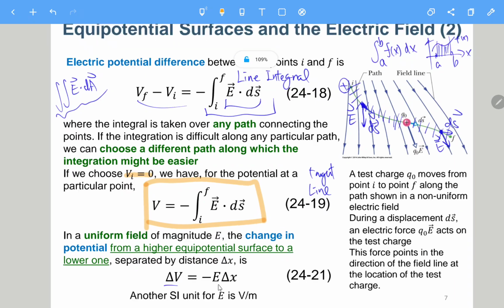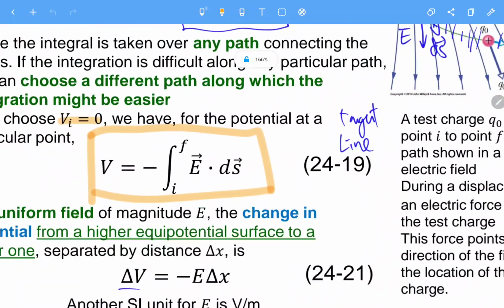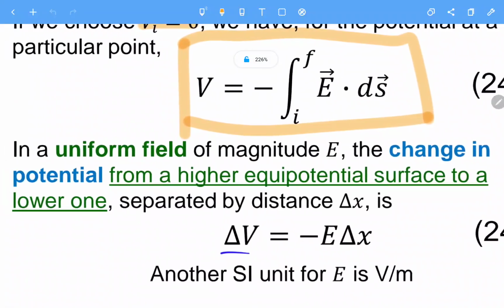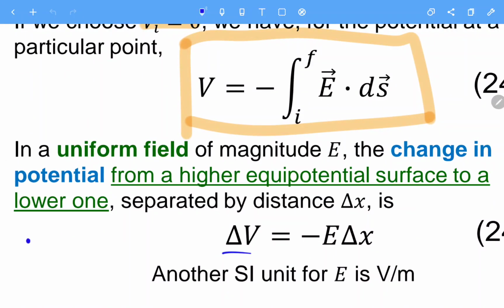For that case, if you have these 2 points separated by delta x, and for example E is pointing to the right, the delta V between them will be negative E times delta x.